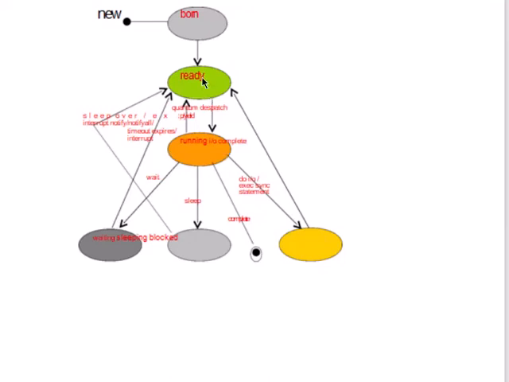And the thread changes state from ready to running. And when the time allocated to this thread has expired, the operating system will take the thread off the CPU and put it onto the back of the ready queue in order for it to wait its turn to run again.